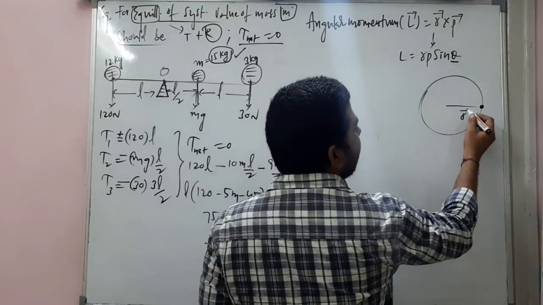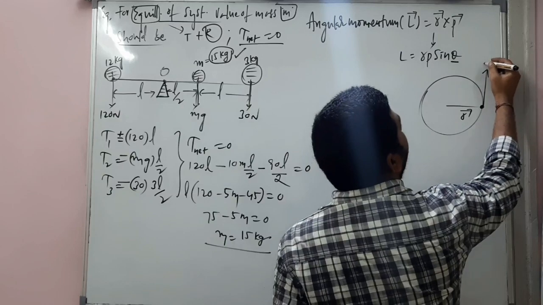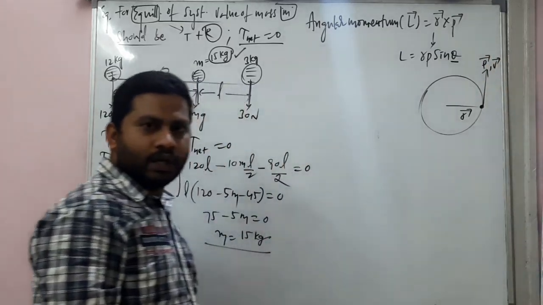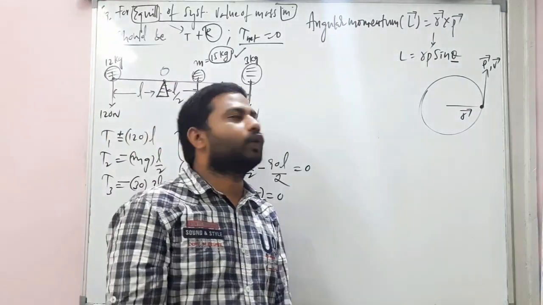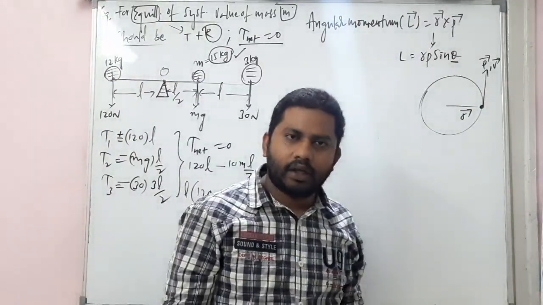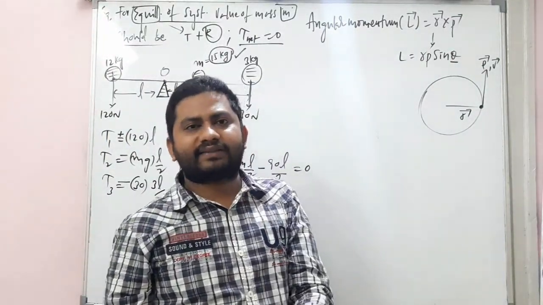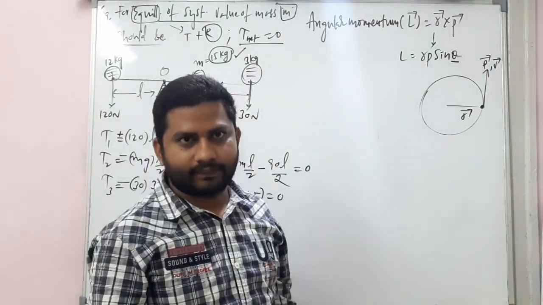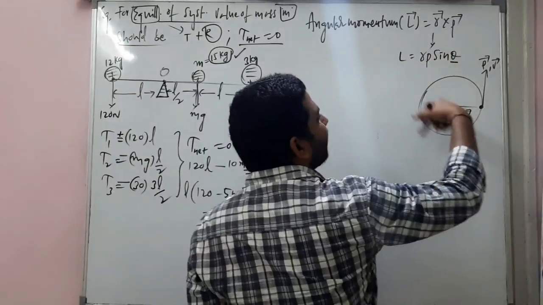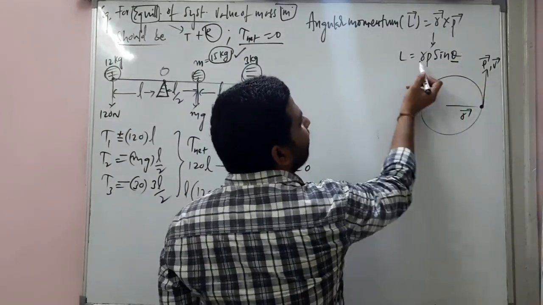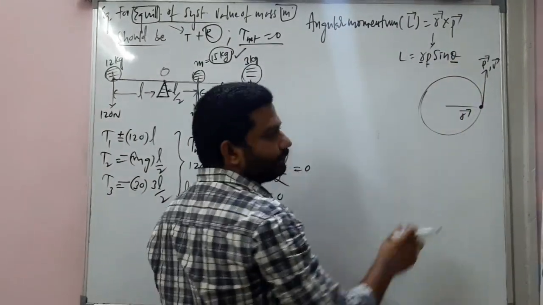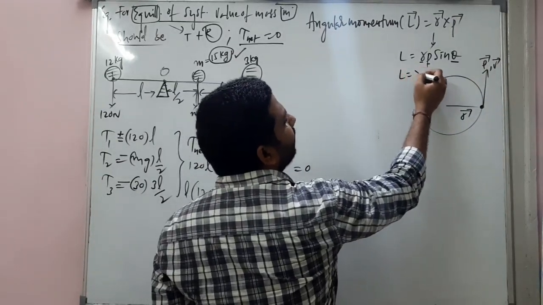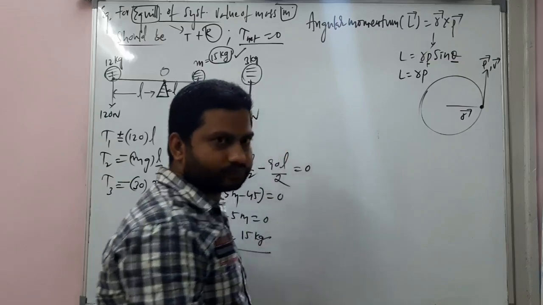This is R bar and this is P bar, and this is the same direction as V bar also. In a circular path, the velocity is along the tangent. Linear momentum is mass into velocity, so it will be in the same direction as V bar. In this case, theta is 90 degrees, the angle between R and P. So it will be R into P.